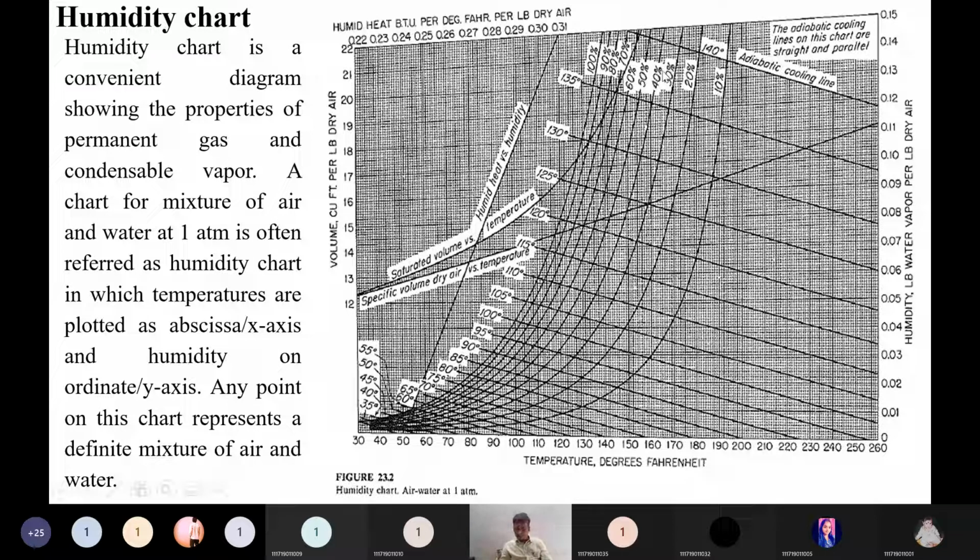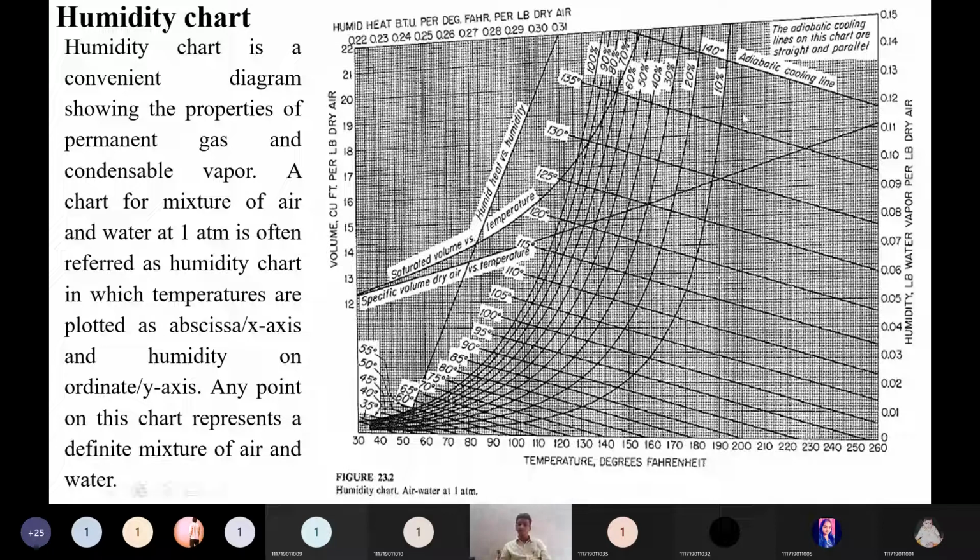Any point below this 100% line is called undersaturated air. Why? Because below 100%, that is 90%, 80%, 70%, the air is still getting saturated. A point on the temperature axis represents dry air.